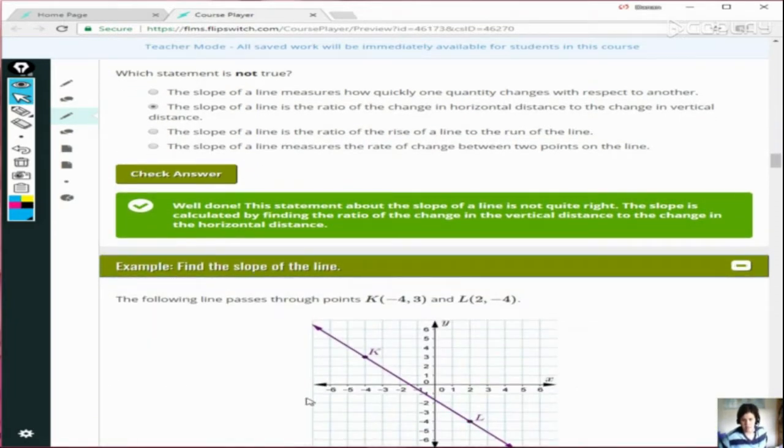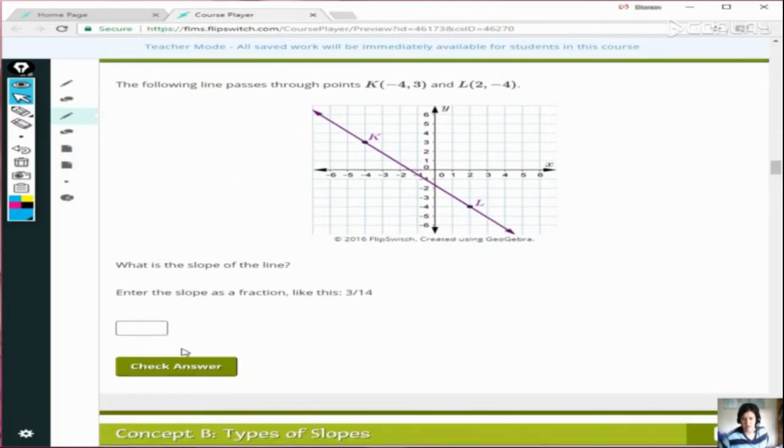Okay, example, finding the slope of a line. The following line passes through points K, (-4, 3), and point L, (2, -4). What is the slope of the line? Enter as a fraction like this. Okay, well, since the slope of a line is the change of the vertical distance, I'm going to count vertically.